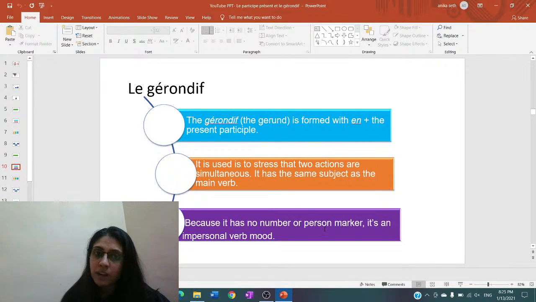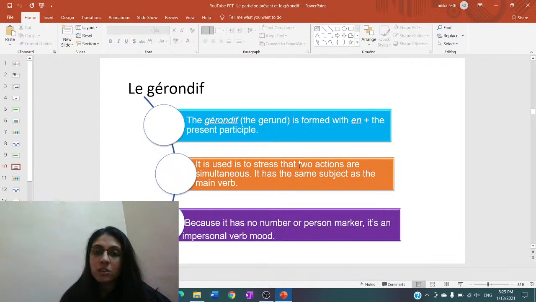He is eating food while watching TV. They are eating food while watching TV. So while watching TV remains constant. That is why it is an impersonal verb mood. It does not have a specific subject. Whatever be the subject, the gérondif will remain the same, like the present participle.